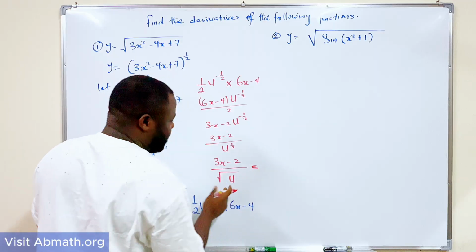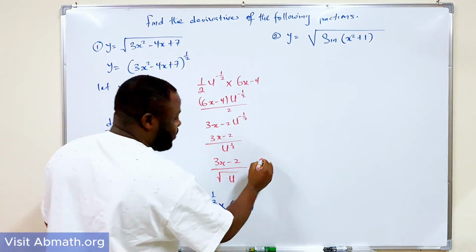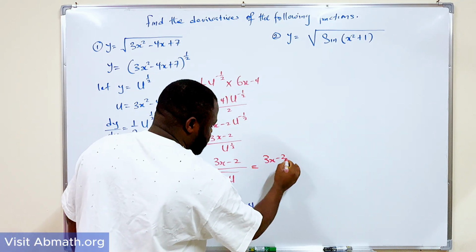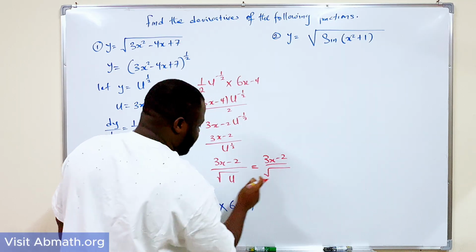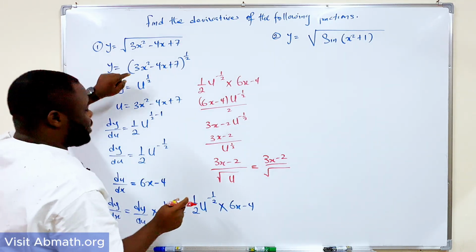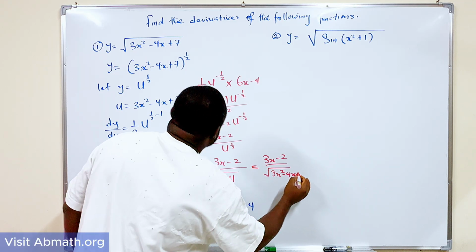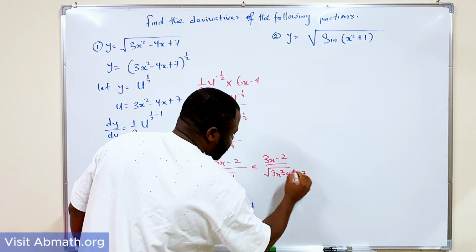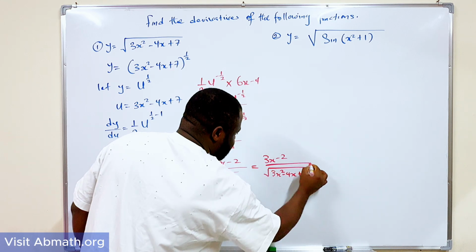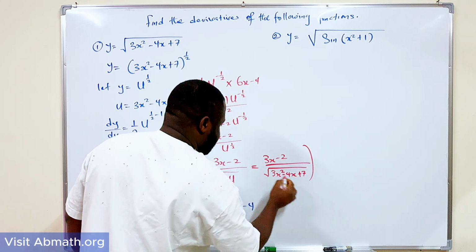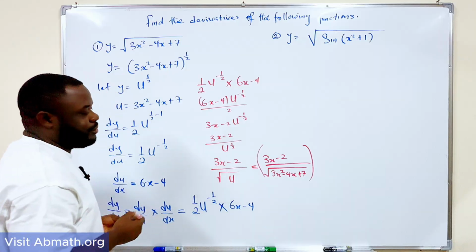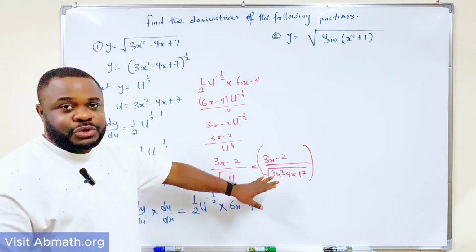And we can easily simplify this to be 3x minus 2 over the square root of what is u? u is 3x squared minus 4x plus 7. So that will be our answer for this question.